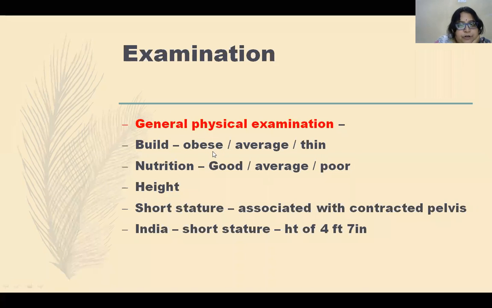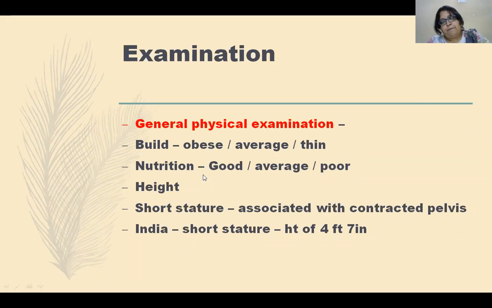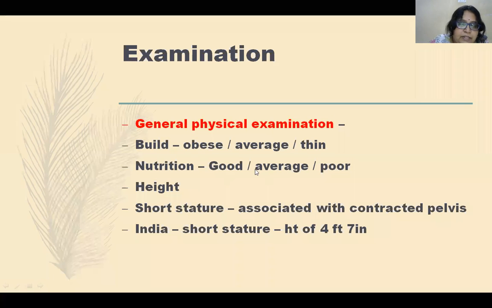So you need to know, because complications during labor like PPH can occur when the woman is obese. So you have to know about her build, her nutrition, whether she has poor nutrition or good nutrition, because poor nutrition is associated with anemia, low birth weight, preeclampsia, and some other conditions.